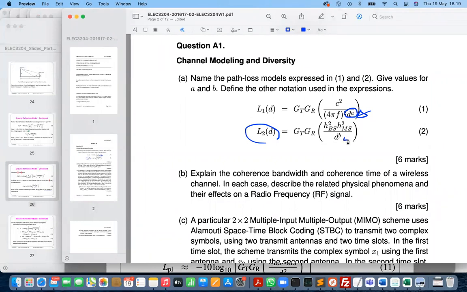And then you need to explain all the parameters. GT is the antenna gain as a transmitter, GR is the antenna gain as a receiver, C is the speed of light, this is the carrier frequency, this is the distance between transmitter and receiver, this is the height of the base station, and the height of the mobile station. They're all quite basic.